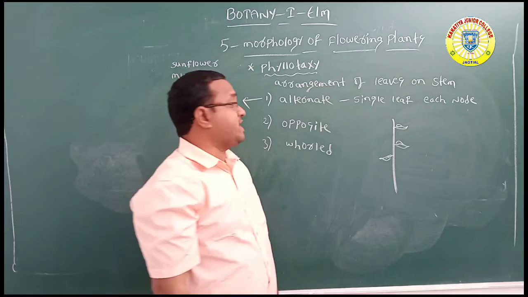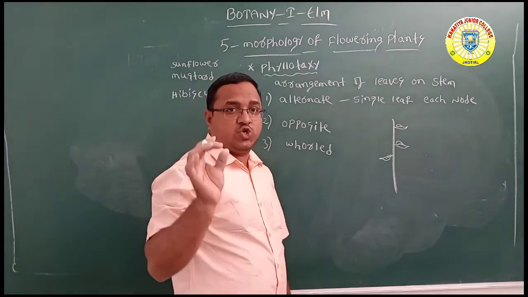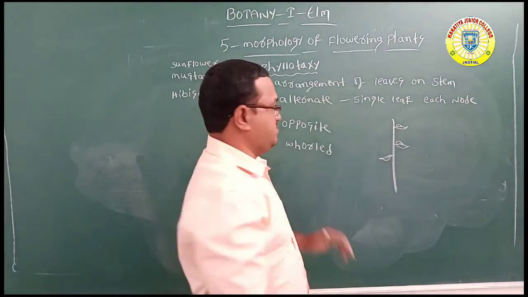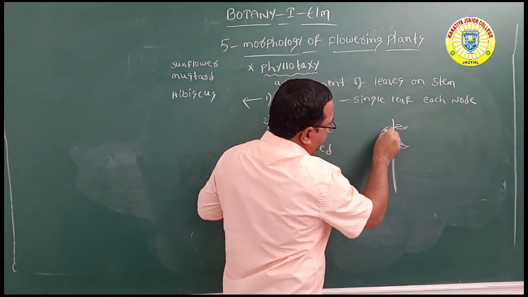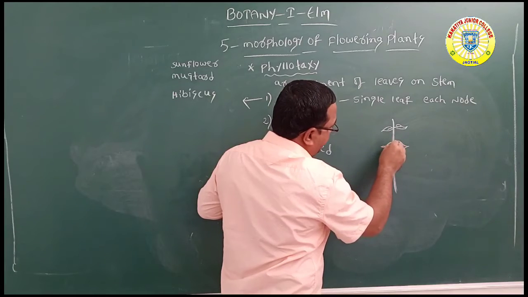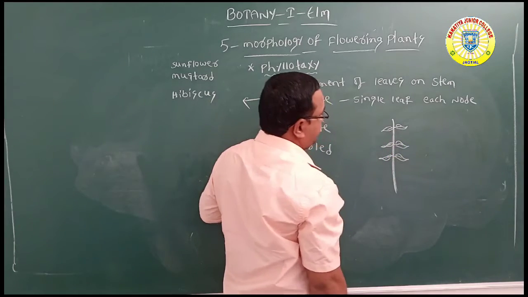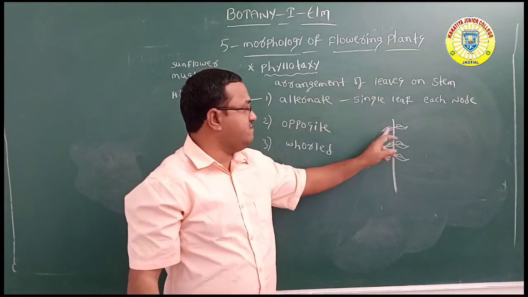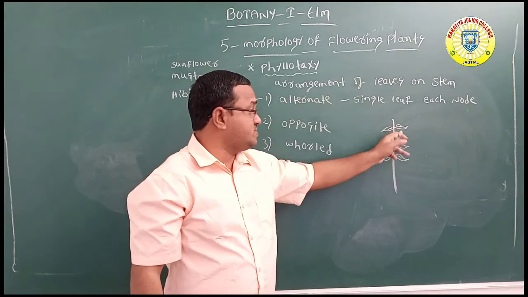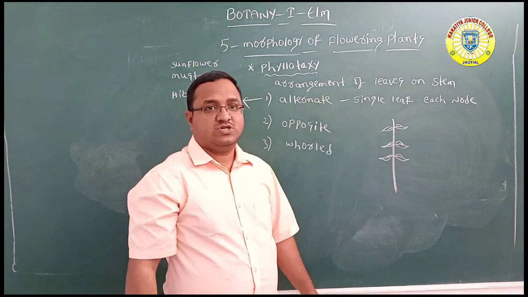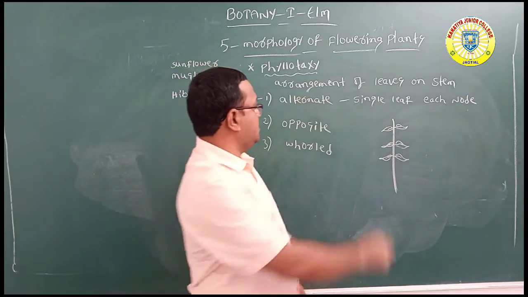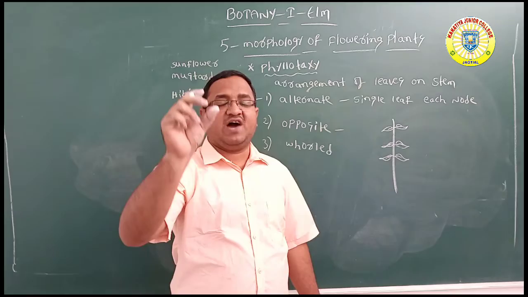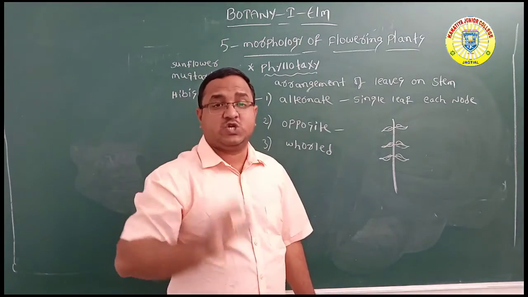But what is opposite phyllotaxy? Each node contains two leaves, one pair of leaves. Here each node contains a pair of leaves, but the leaves are opposite to each other. This type of phyllotaxy is called opposite phyllotaxy. Two leaves, a pair of leaves, arise at each node.